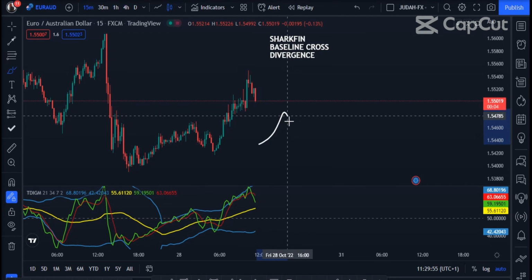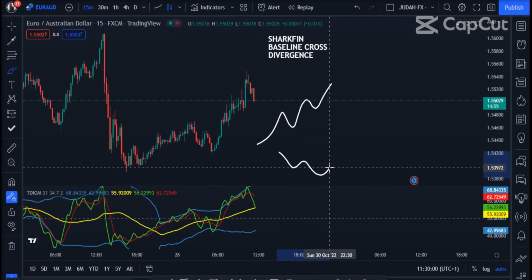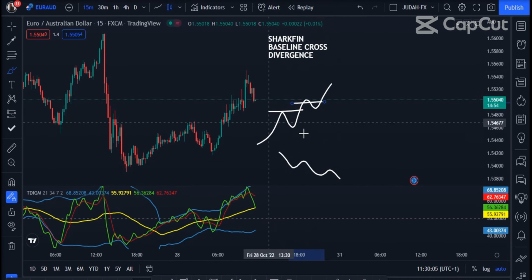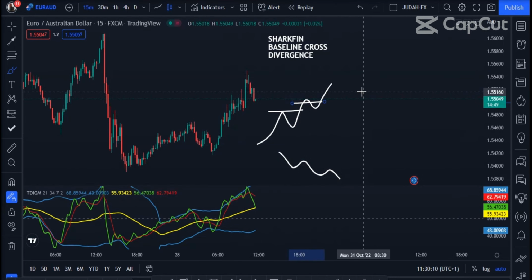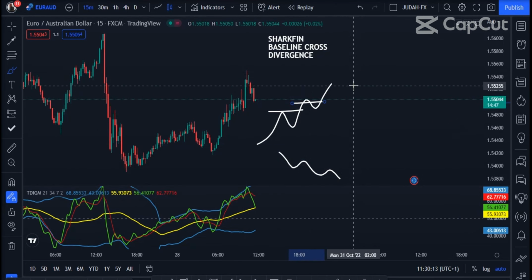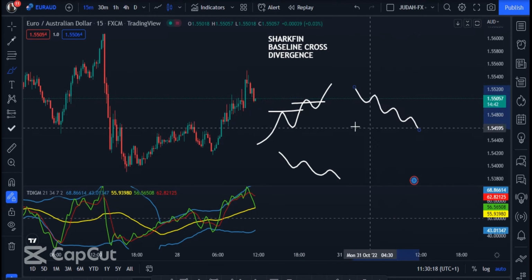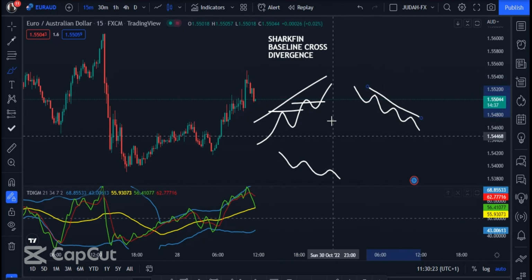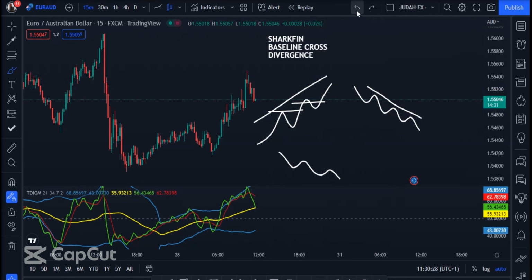When you see price making higher highs, for example in an uptrend, but on the indicator, the RSI is giving you lower highs. So price is giving you higher highs, the RSI is giving you lower highs. That tells you that the market is about to reverse soon and become a downtrend.